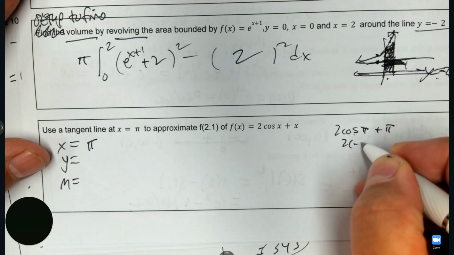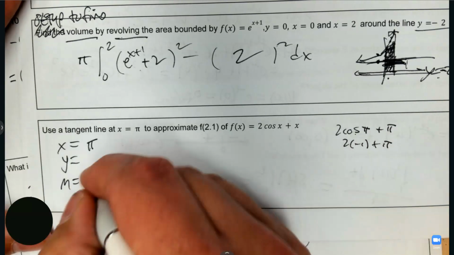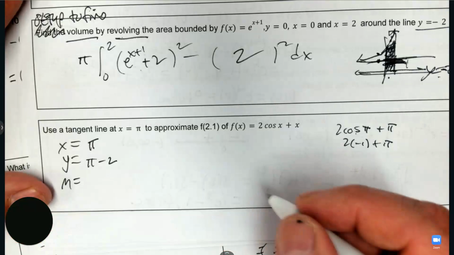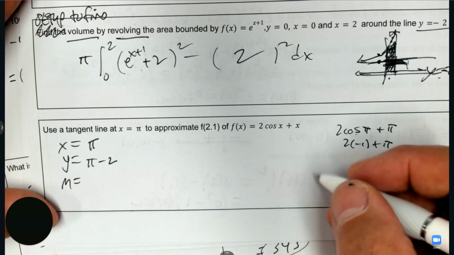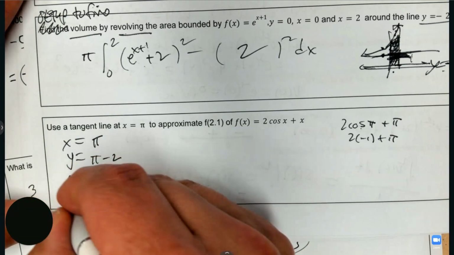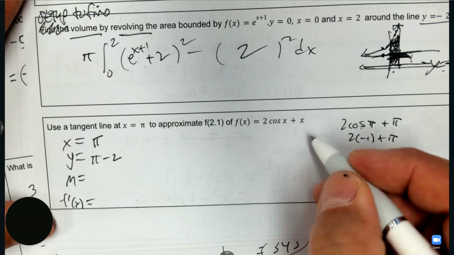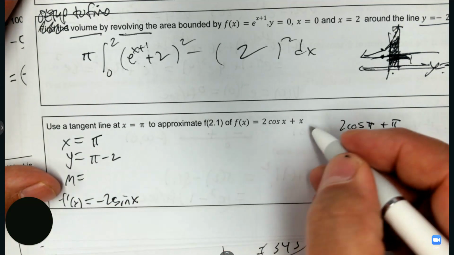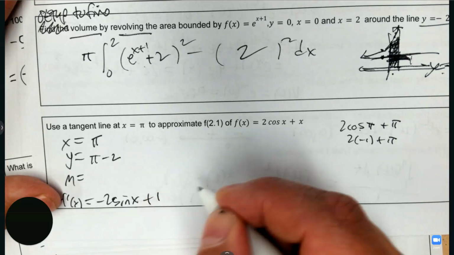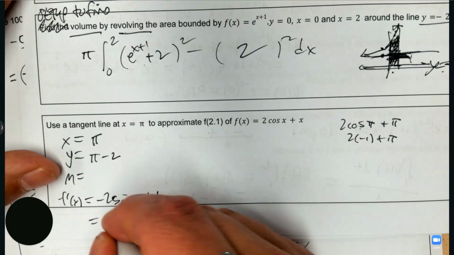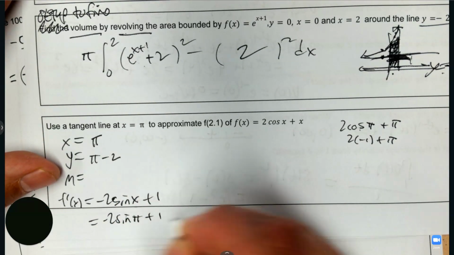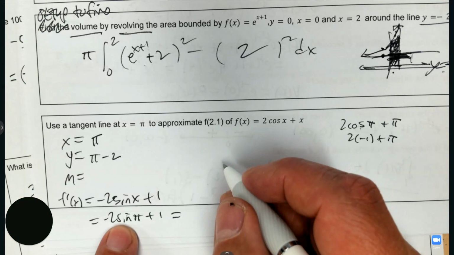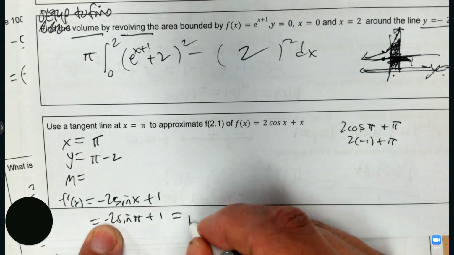So this is -1 plus pi, so that's pi minus 2, or -2 plus pi. And then the slope, I need to do the derivative of that. The derivative of 2 cosine x is -2 sine x, and the derivative of x is 1. Again, I would plug in pi. The value of sine at pi is 0, so this is just 1.